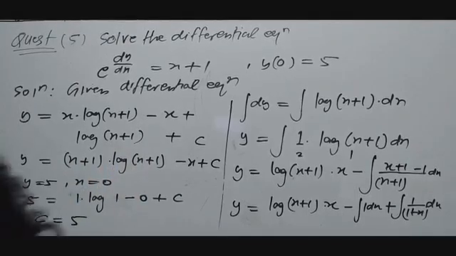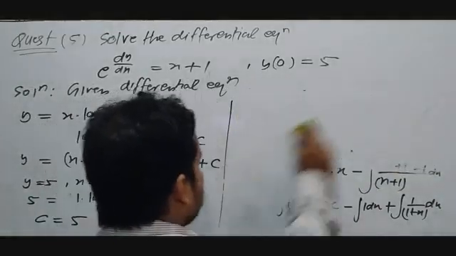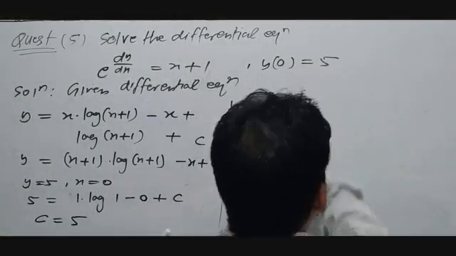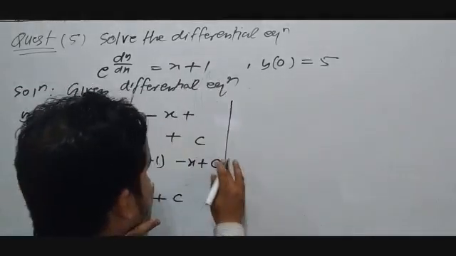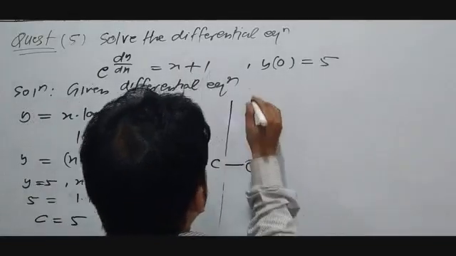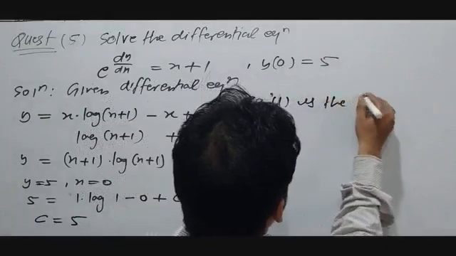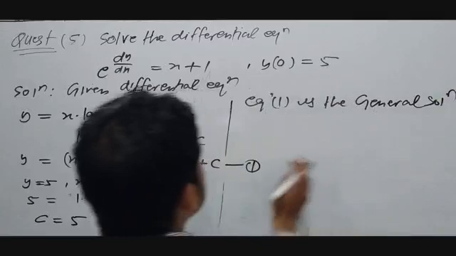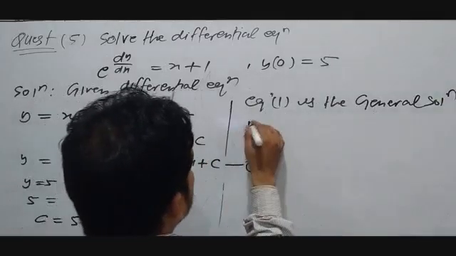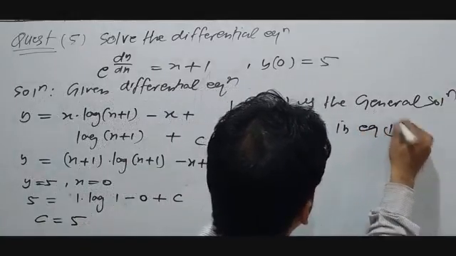See here I am writing, suppose this is equation 1. Equation 1 is the general solution, and put c is equal to 5 in equation 1.